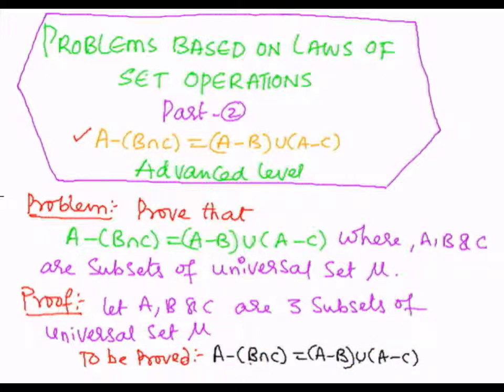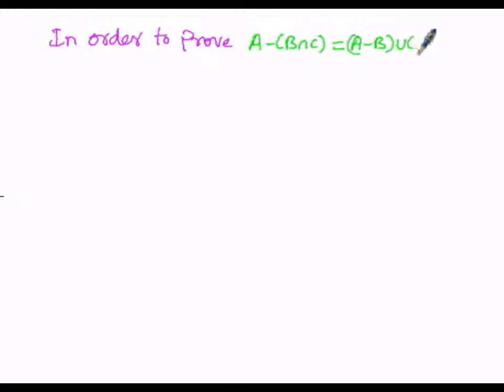Then now, in order to prove the condition, that is A minus of B intersection C is equal to A minus B union A minus C, we have to prove two conditions.